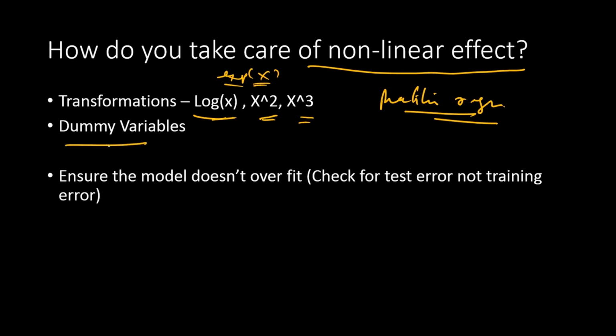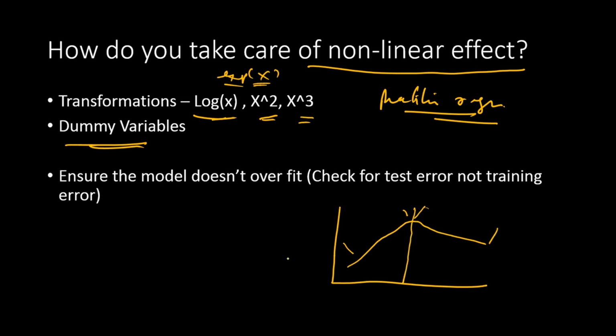The other way is to take a dummy variable. Let's say one of the variables is behaving like this, a straight line, and then again changing. Now you can see that there is one pattern in this area and there is another pattern in this area. So why don't you just divide it into two parts and take a dummy variable which is 1 in this part and 0 in this part, or it can be 1 and 0 in the opposite direction also.